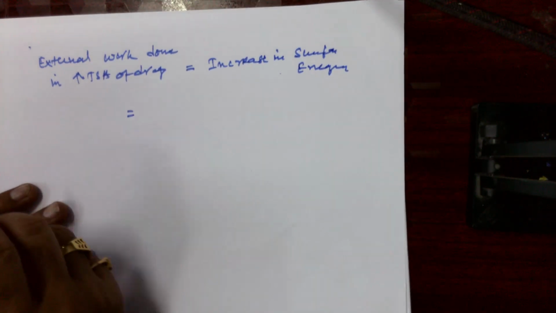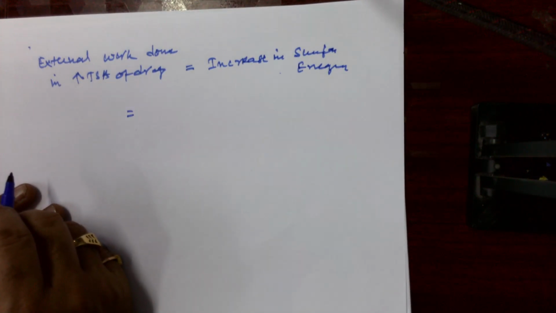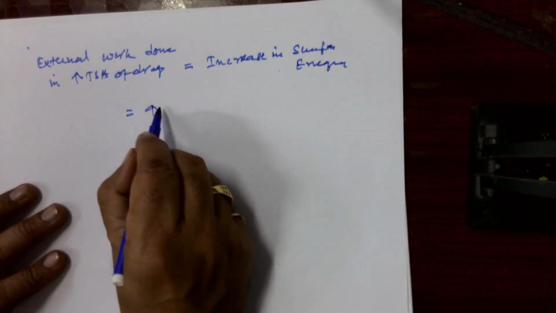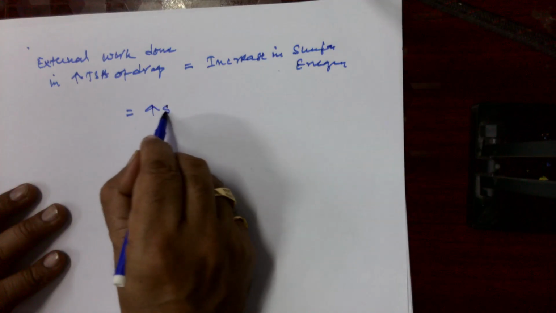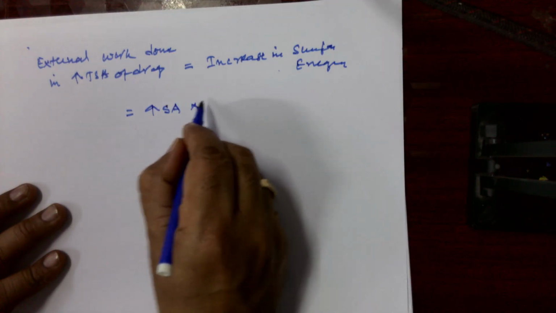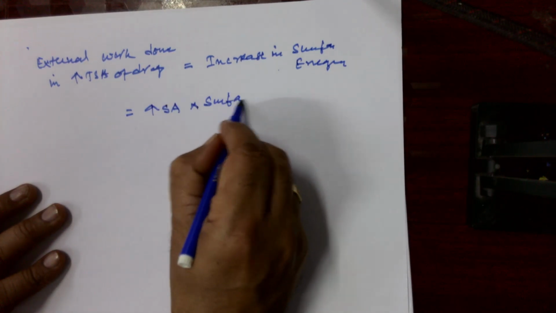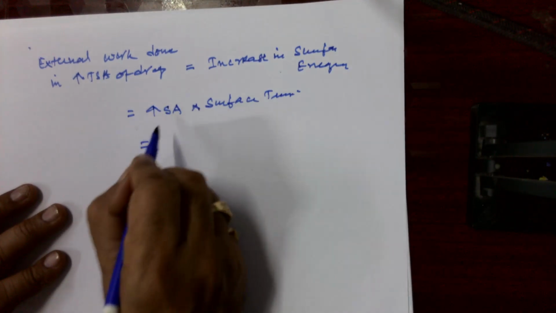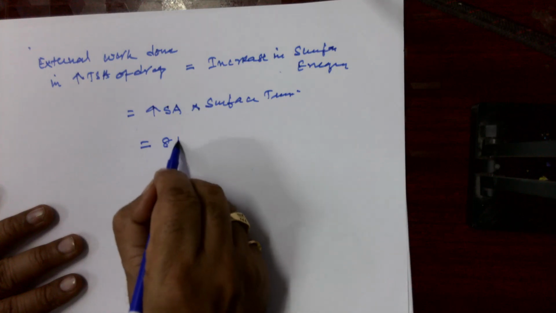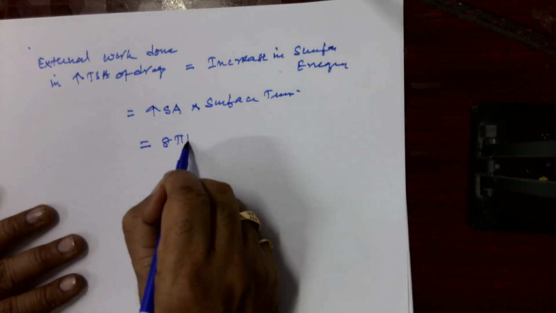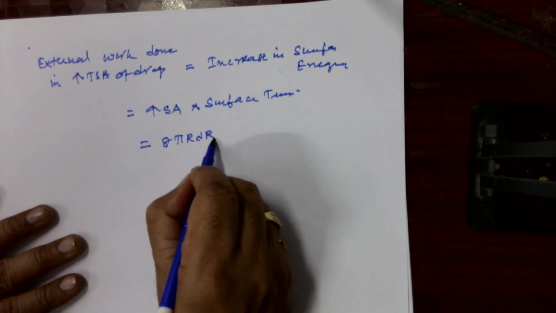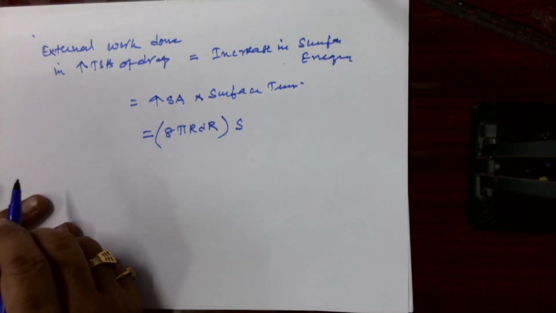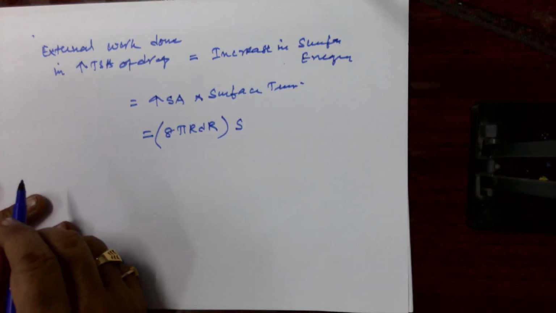So that is equal to, got it? That is equal to the increase in total surface area into surface tension. So it means the increase in surface area can be expressed by 8 pi r dr, into surface tension, represented by S. You got this point?